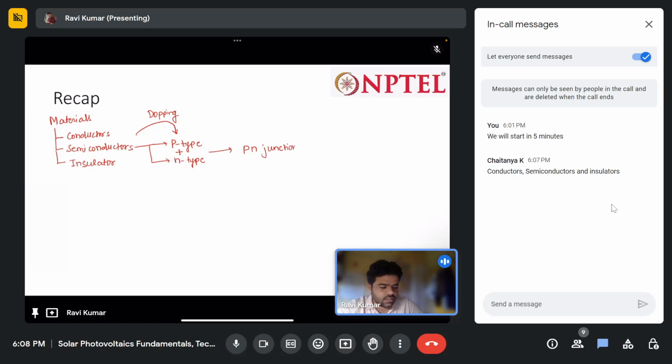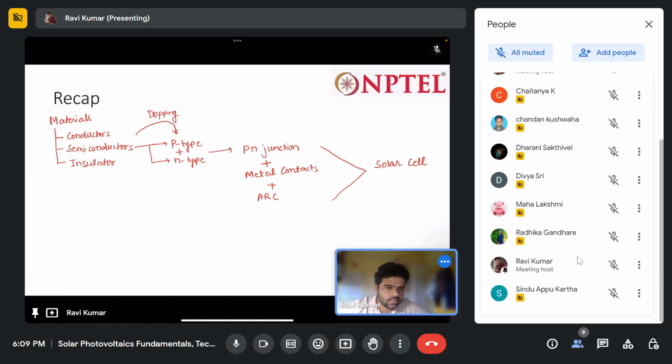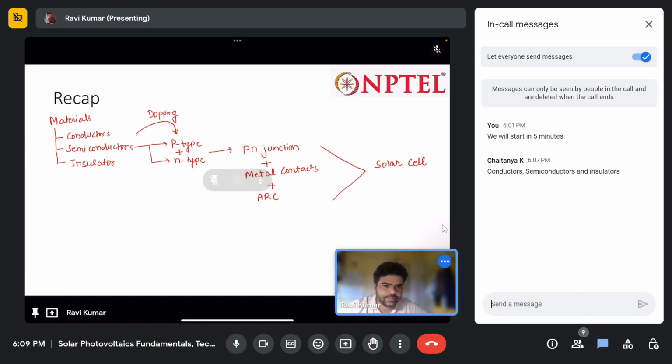And this PN junction with metal contacts and anti-reflective coating works as a solar cell. Any doubt here? Okay.